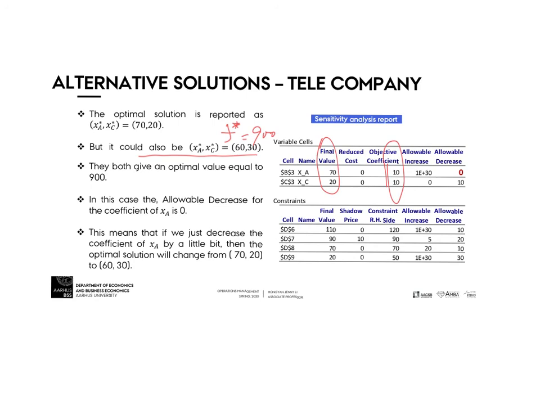So in this case, the allowable decrease for the coefficient of XA actually is 0. This 0 means if we continue to decrease the coefficient of XA slightly, you will get a new optimal solution, 60-30. You can give it a try. If you change this value into 9.99 or something, you just get a new optimal solution, 60-30, reported in your sensitivity report.